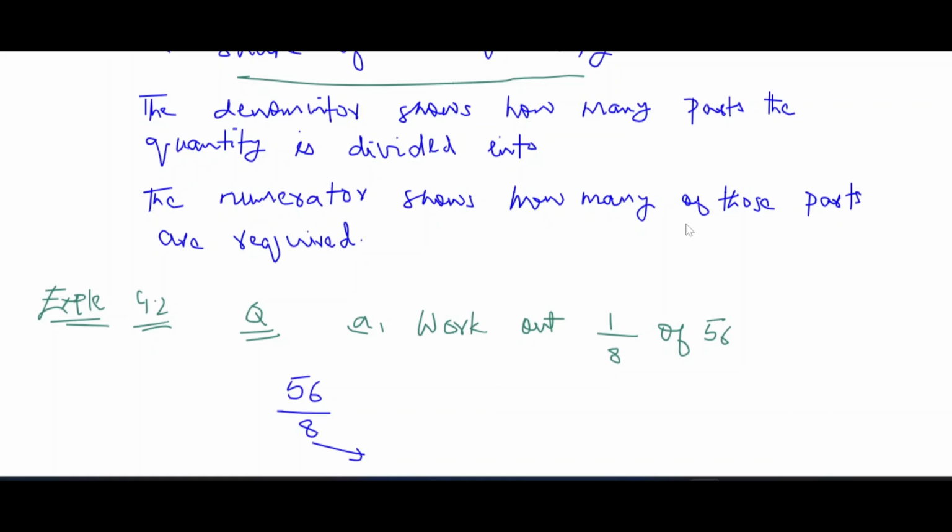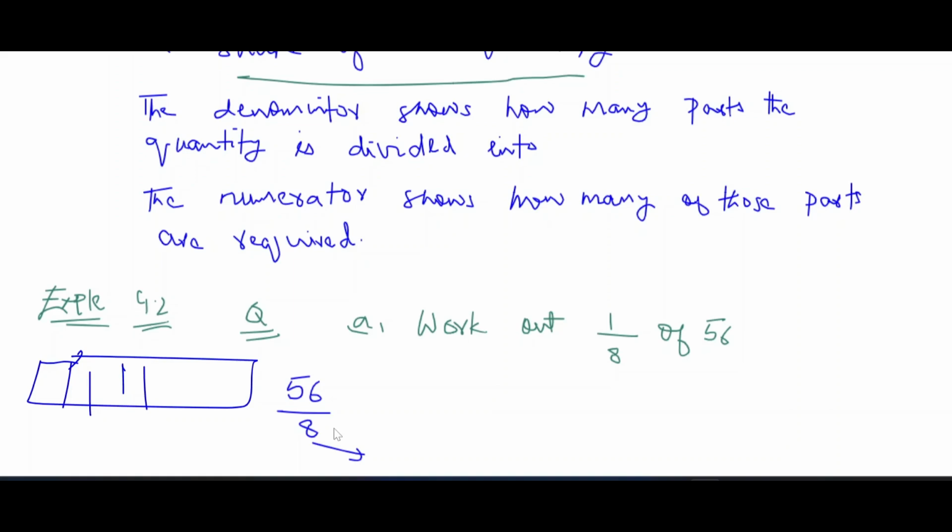The numerator shows how many of those parts are required. We can divide 56 into 56 parts of integers, as one part is one plus one, it's two, and so on, it's like 56 parts. We can divide, but here we want to divide 56 into 8 parts.